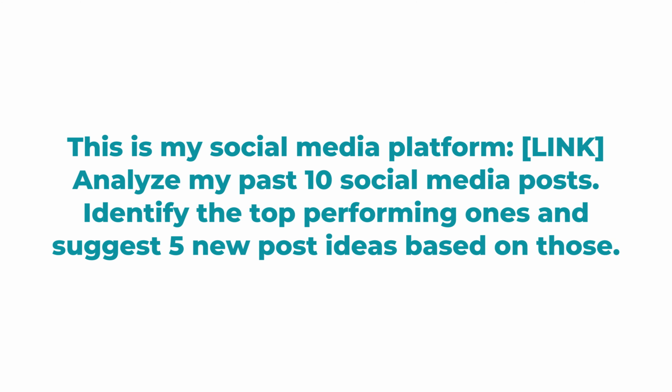But the next step that I want to talk about is kind of a pro step. It's after you've posted the content. ChatGPT can help you create new content based on what's already working on your social media platforms. You're going to try using this prompt. First, make sure you include the URL to your social media platform that you want it to analyze, and ask it, analyze my past 10 social media posts, identify the top performing ones, and suggest 5 new post ideas based on those.